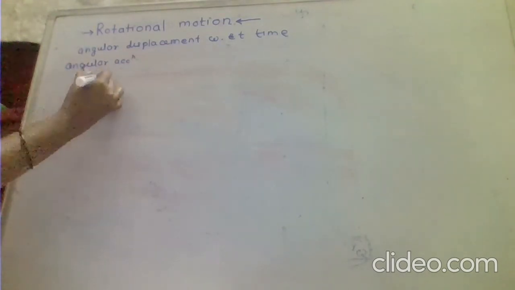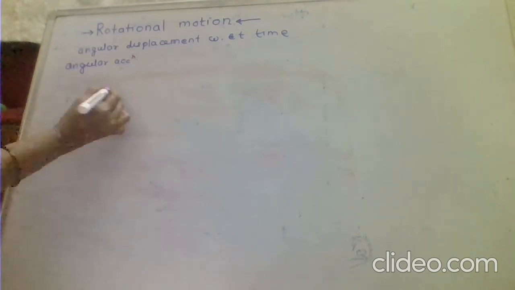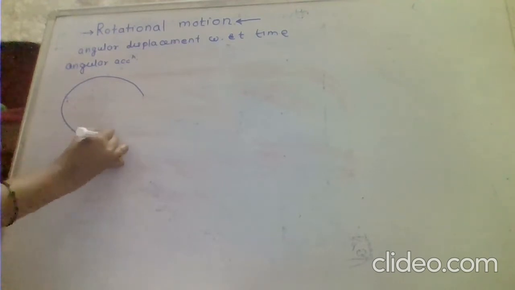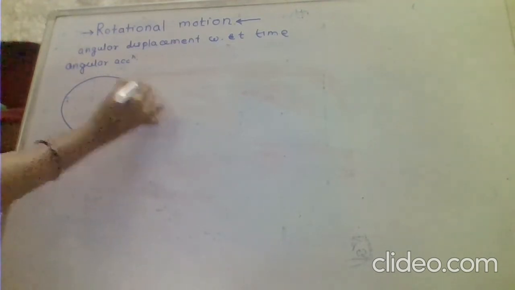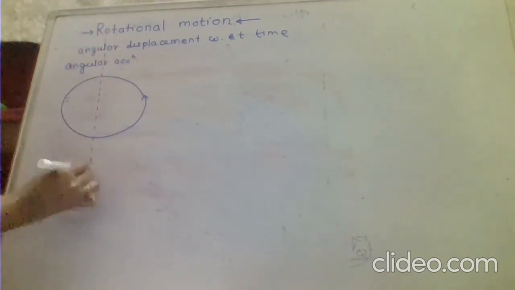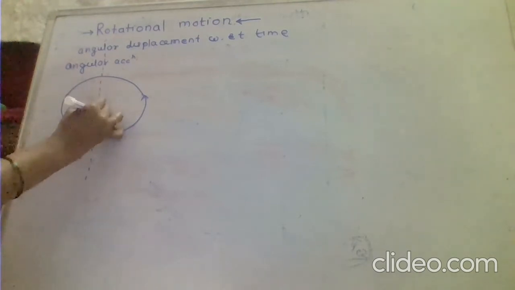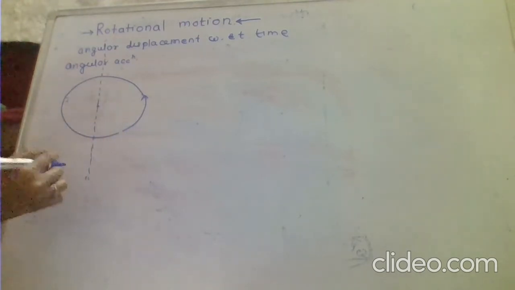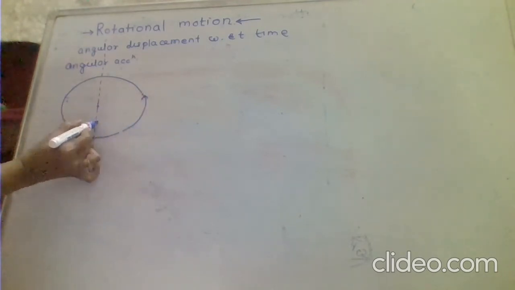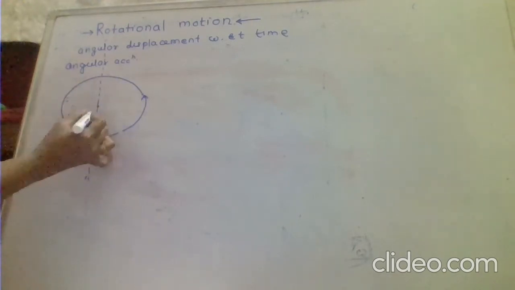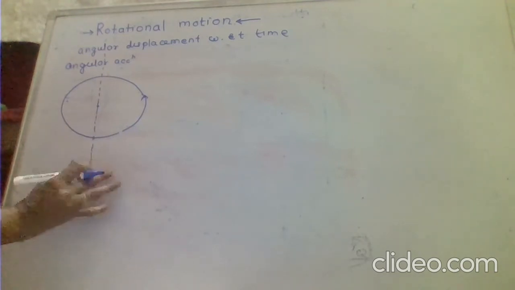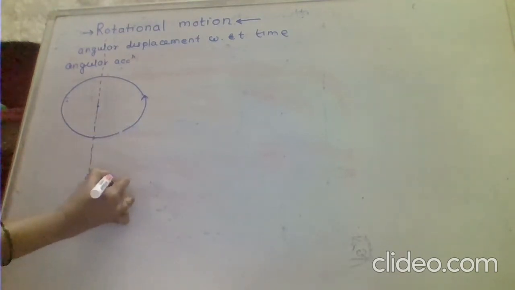Now, we know that the motion of every particle in the system describes a circular path, and the center of the circle lies on a single line.